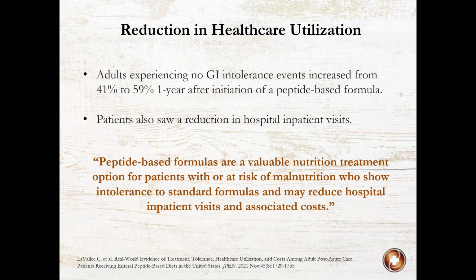Abdominal distension improved by 6%. And we saw cost being decreased by 11% after 180 days of being in a peptide-based formula for inpatient visits, and 3% after 180 days for emergency room visits. So again, we're seeing how reducing the feeding intolerance can significantly reduce hospital stays and associated costs.